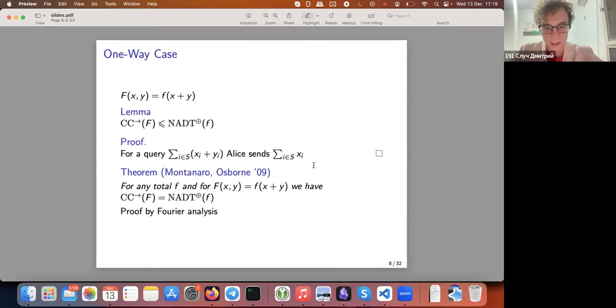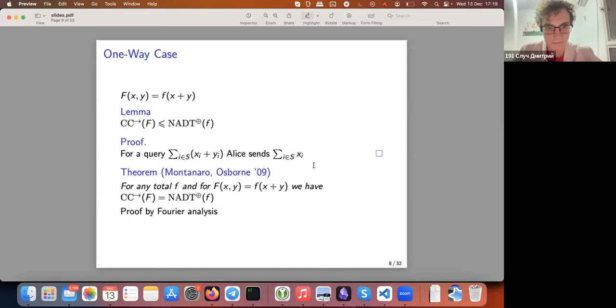There exists a relation between these two measures. We consider an XOR function big F, which is small f of the XOR of its arguments. And for functions defined that way, one-way communication complexity doesn't exceed the non-adaptive partition tree complexity of f. Indeed, we have the following protocol.